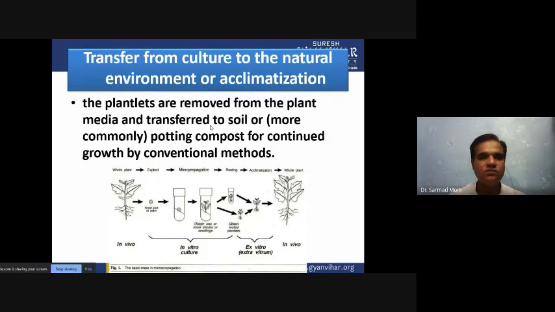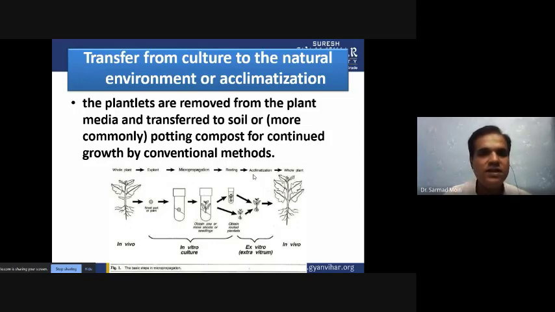Then transfer from the culture to the natural environment, or acclimatize. When we are taking an explant for micropropagation purposes, and after the micropropagation you have a plantlet, this plantlet cannot be transferred directly into the natural environment. Before that we have to acclimatize, and we do this acclimatization in the greenhouse, where we increase the temperature and decrease the humidity, and artificially we give the conditions.